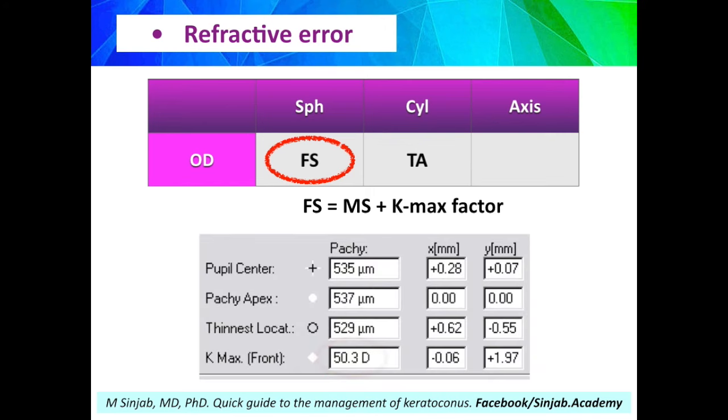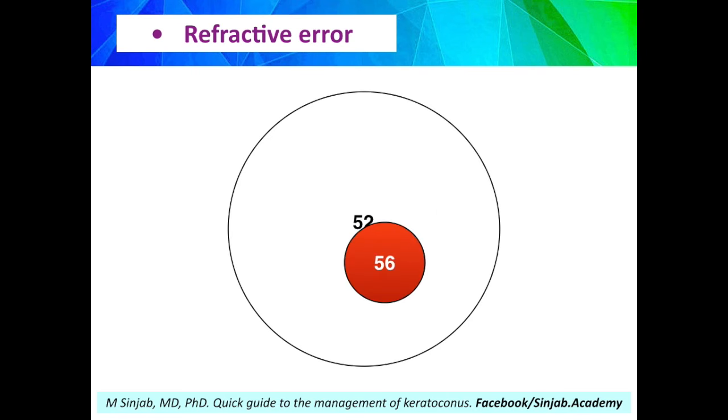The final sphere is manifest sphere plus Kmax factor. Now, the Kmax can be taken from the data of the Pentacam as displayed in the parameters, and the Kmax factor idea came from the location of the cone.